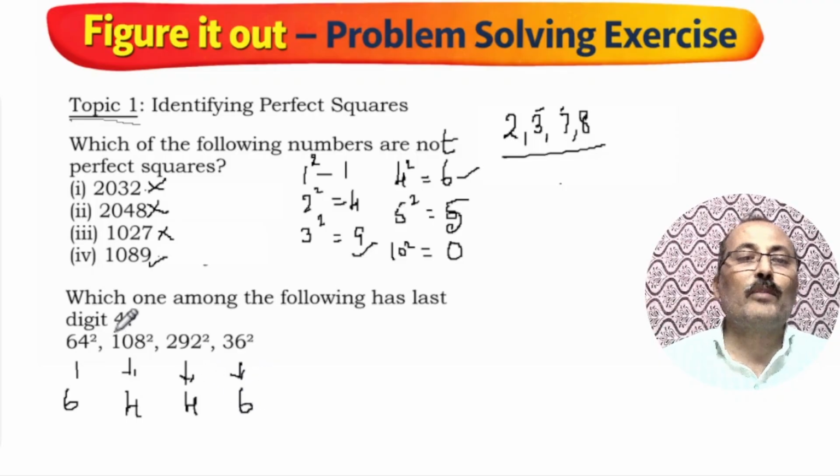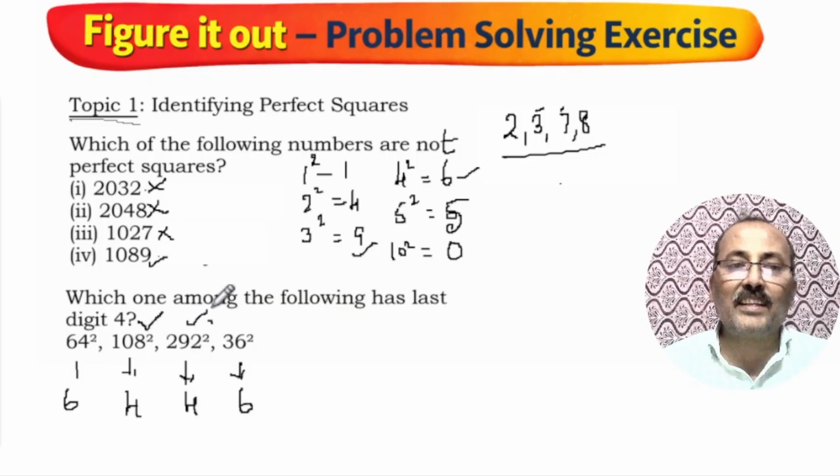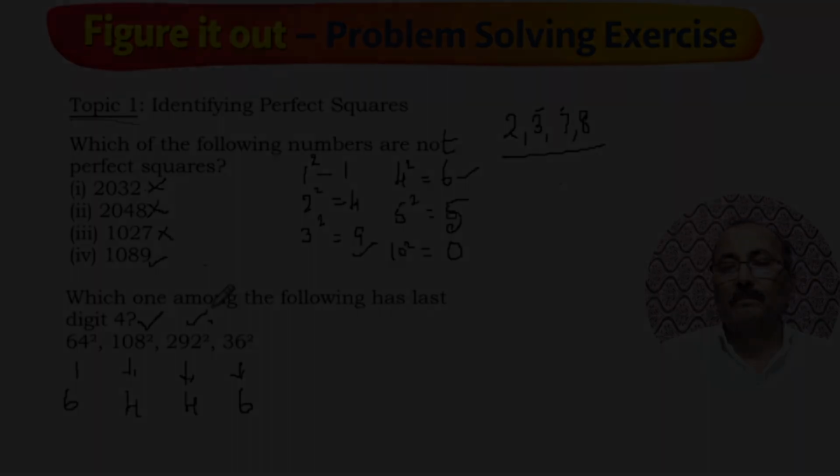What they're asking here is which one has last digit 4. Here the numbers 108 square and 292 square are ending with 4. This is topic number 1.